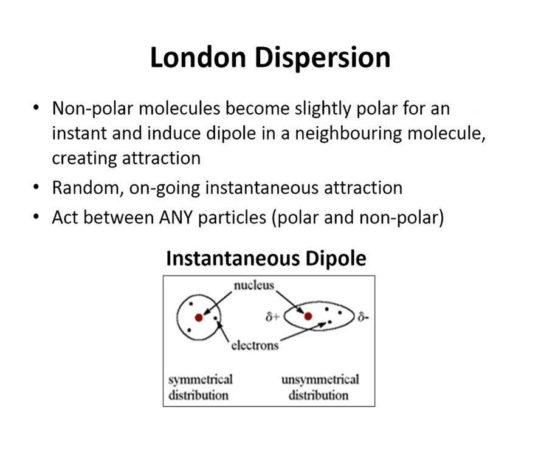Last type of force are London dispersion forces. So these are types of forces that happen with all molecules. They can happen between any type of particle or molecule, polar or nonpolar. But if you have a nonpolar molecule, this is the predominant force for it.